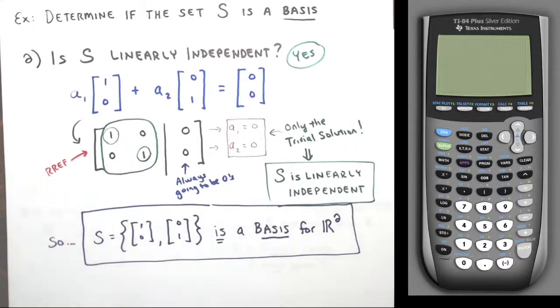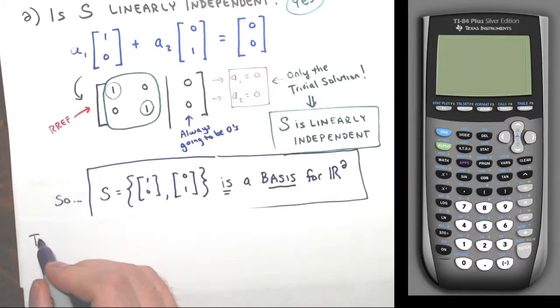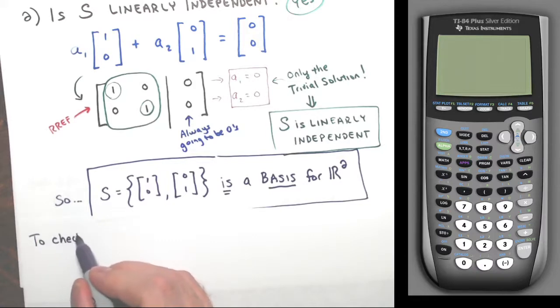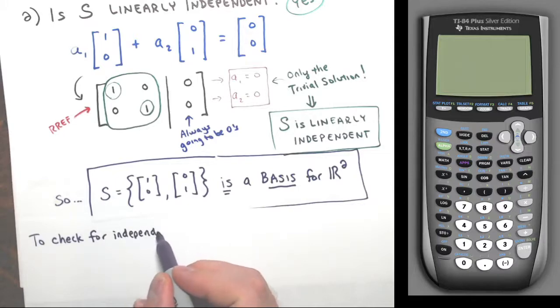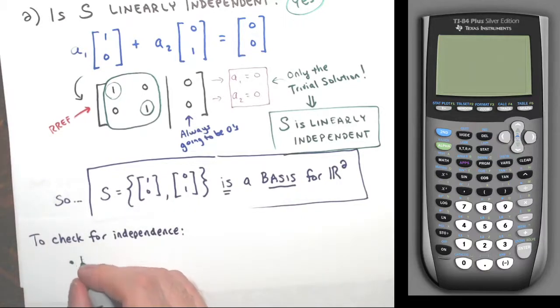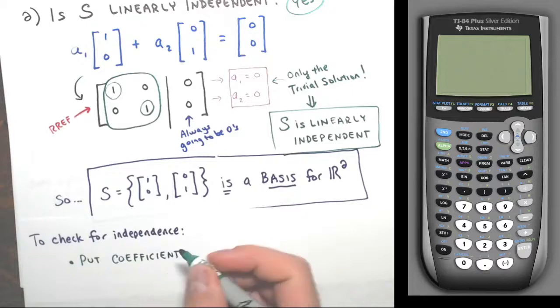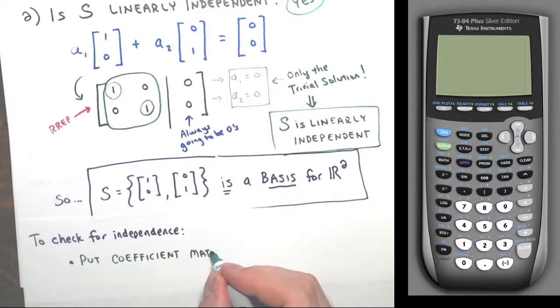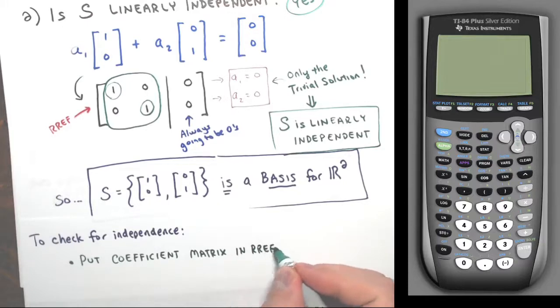So to check for independence, you'll put the coefficient matrix in reduced row echelon form. Or if you set up a system and all that, you put the coefficient matrix in reduced row echelon form.